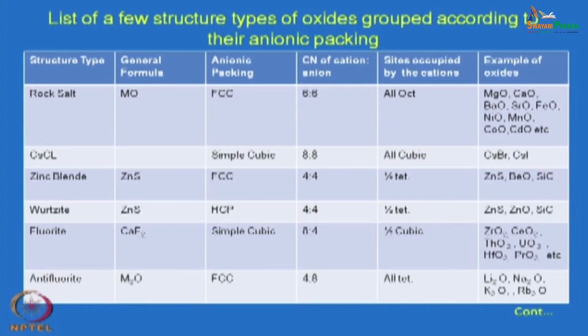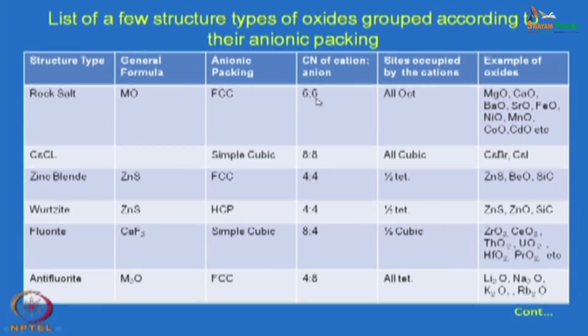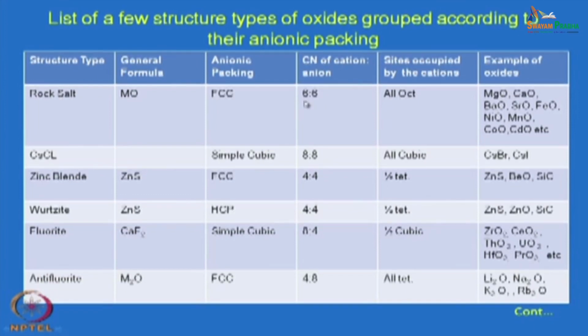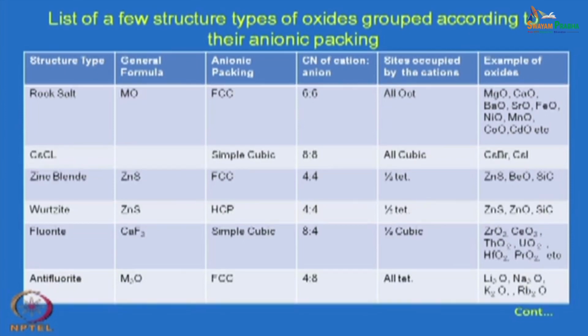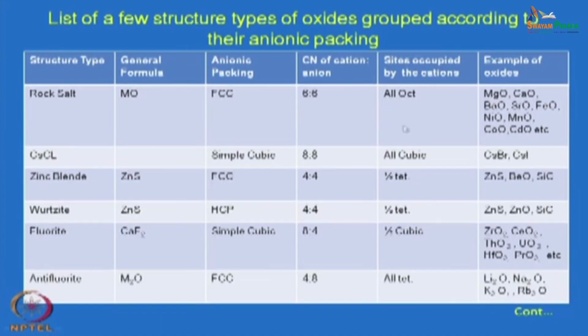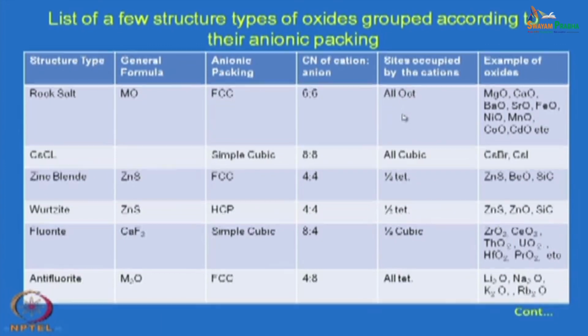We discussed the coordination number of either the cation or the anion, and what is presented here is the coordination number of the cation vis-a-vis the coordination number of the anion. In the rock salt structure both cation and anion have 6-fold coordination. We also mentioned earlier that there is a skeleton of oxygen ions and the interstitial positions are primarily occupied by the cations.